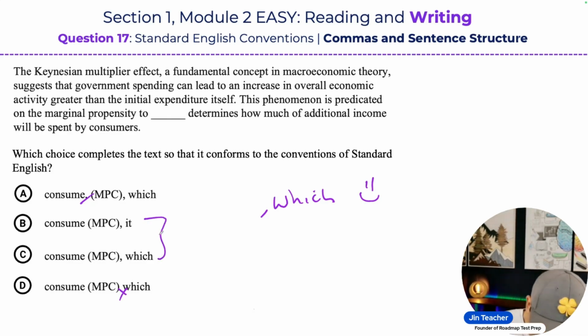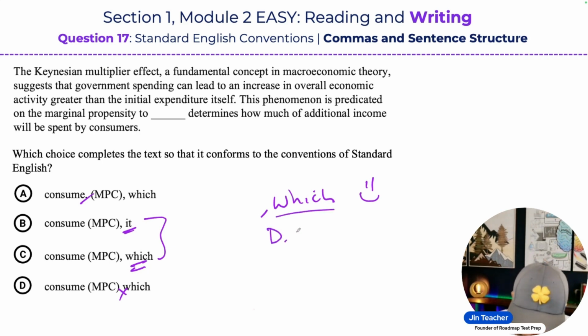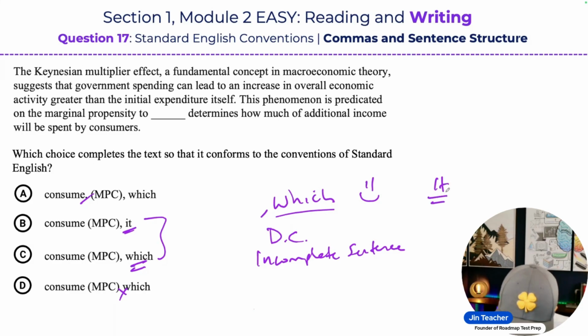And now the third thing that we're checking for has to do with sentence structure, right? So we know that if we use the word which, this creates a dependent clause, and a dependent clause is an incomplete sentence. However, when we use the word it, so when we say it determines, now that actually creates an independent clause. It creates a complete sentence.